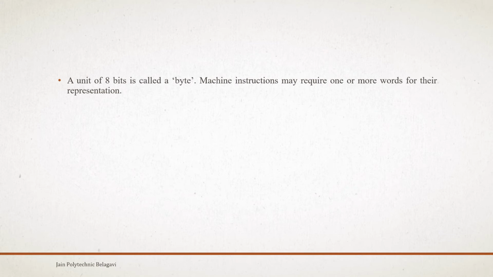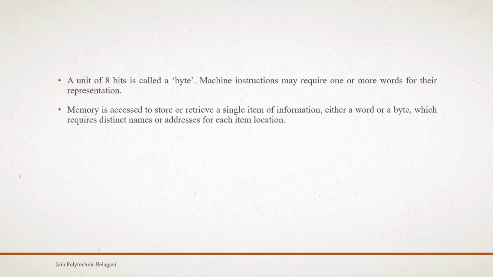Now, a unit of 8 bits is called a byte. As you know, 8 bits constitute a single byte, and machine instructions may require one or more words for their representation. Memory is accessed to store or retrieve a single item of information, either a word or a byte, which requires distinct addresses for each item location.